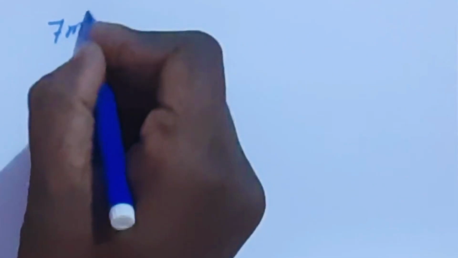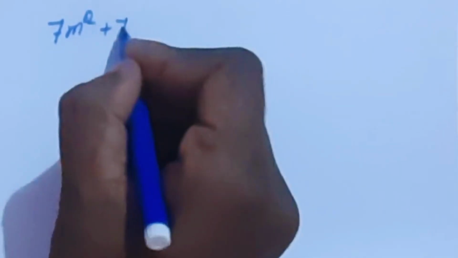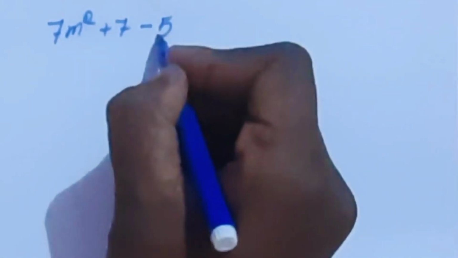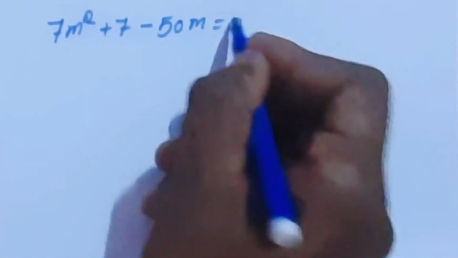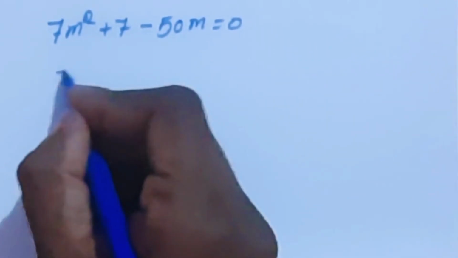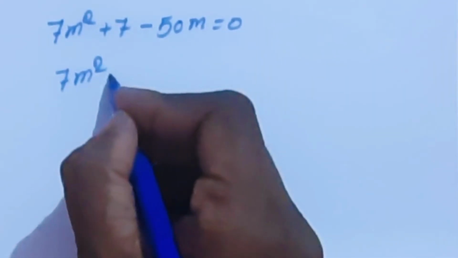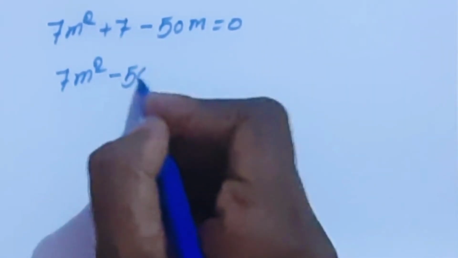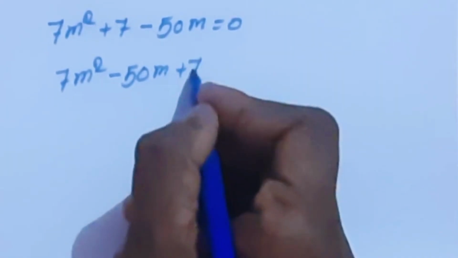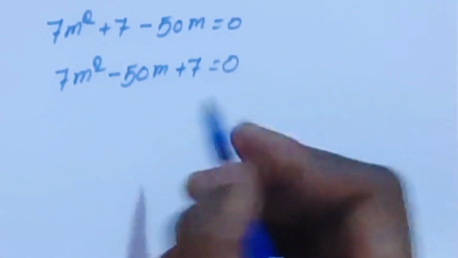Now 7m square plus 7 minus 50m equal to 0. Now this is 7m square minus 50m plus 7 equal to 0.